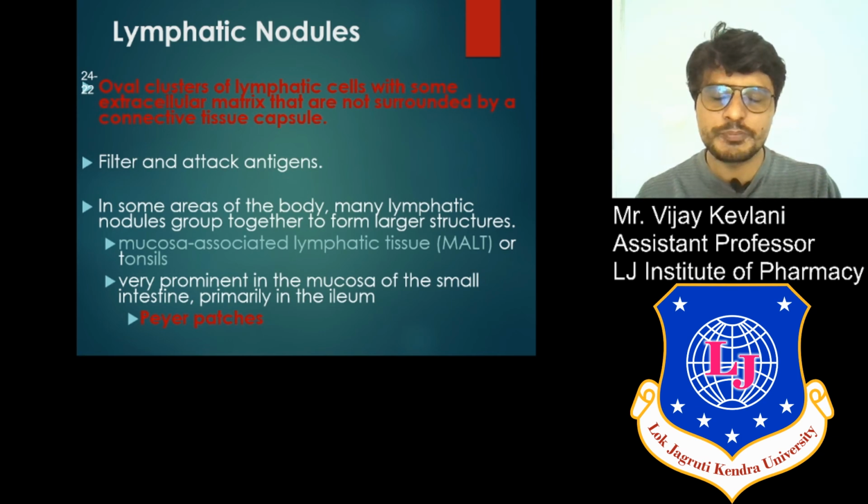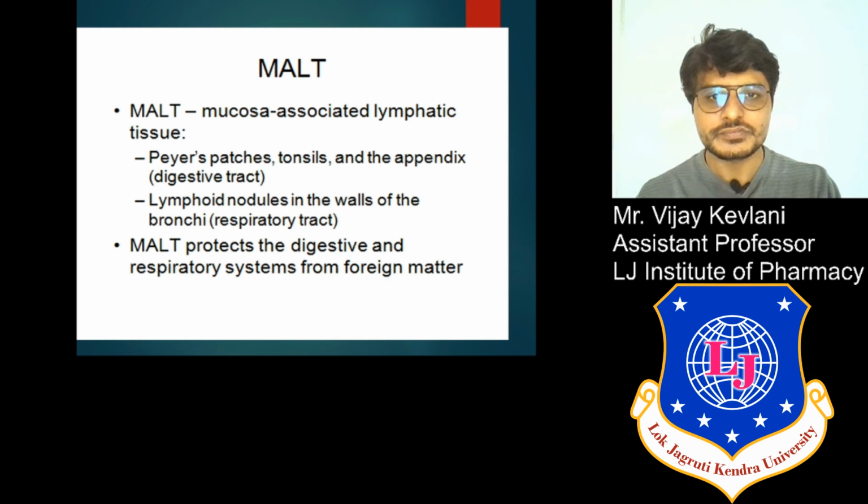It also includes Peyer's patches, tonsils and the appendix, and lymphoid nodules in the wall of the bronchi. MALT protects the digestive and respiratory systems from foreign matter.